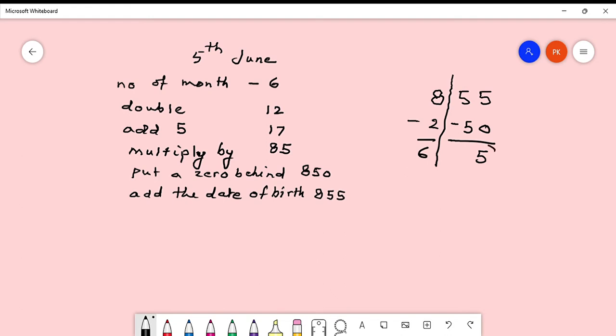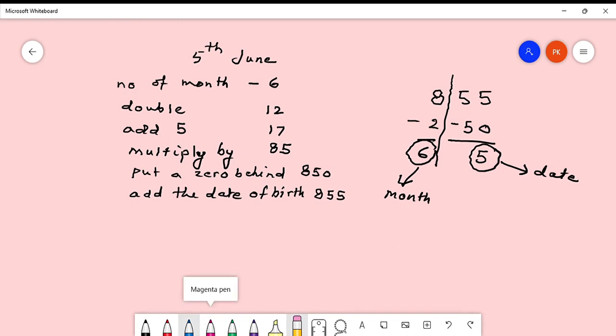So this is her date of birth and this is her month of birth. That means her date of birth is 5th June, 6th is the month. So this is how you can play a magic in a party.